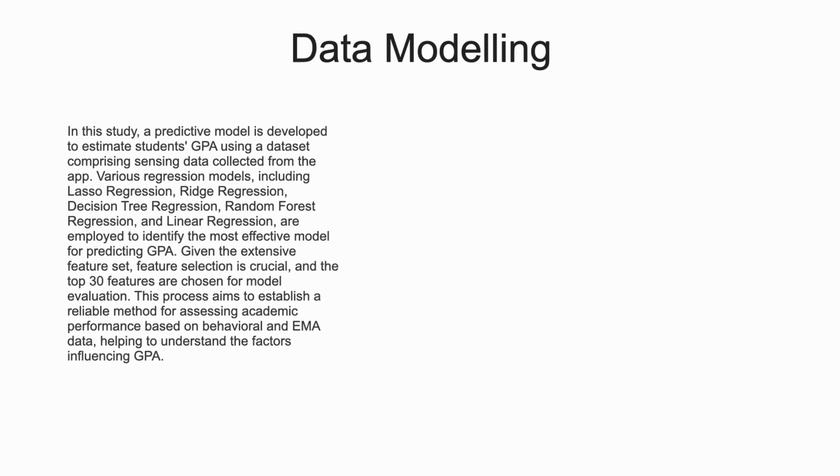Given the extensive feature set, feature selection is crucial, and the top 30 features are chosen for model evaluation. This process aims to establish a reliable method for assessing academic performance based on behavioral and EMA data, helping to understand the factors influencing GPA.